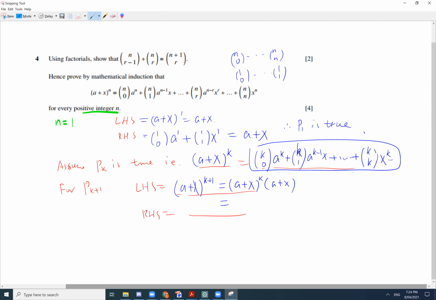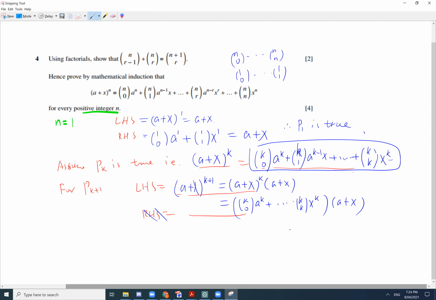So left-hand side equals kC0 a^k up to kCk x^k, times a plus x.